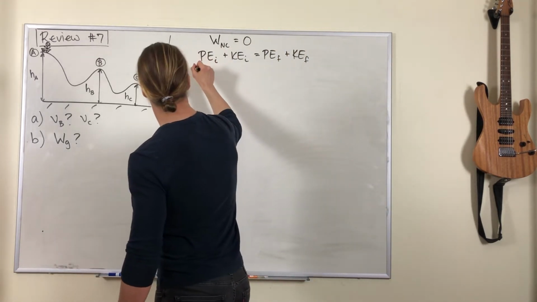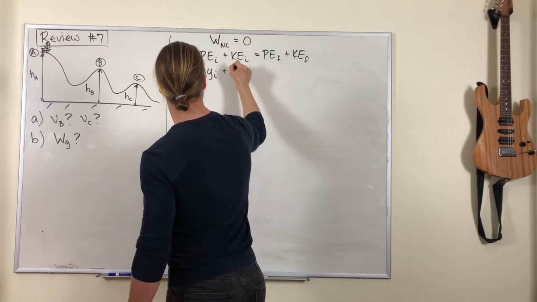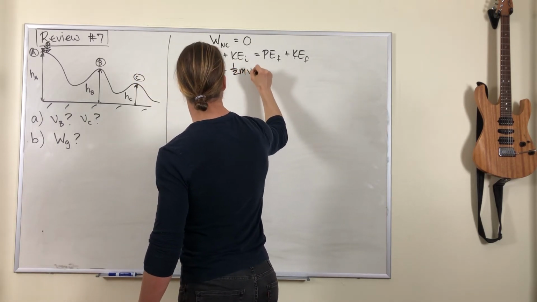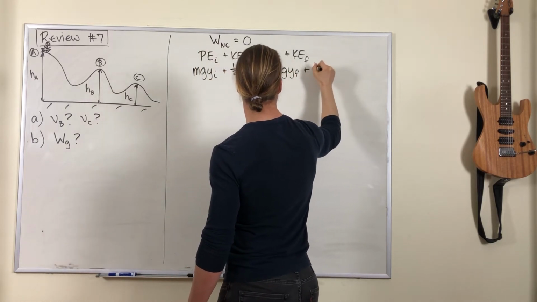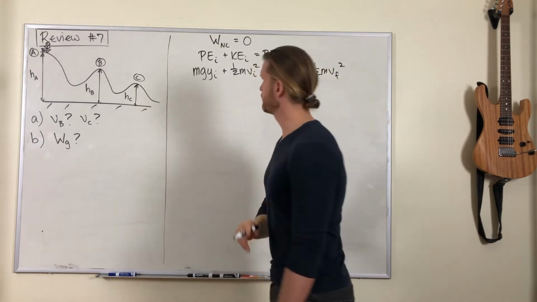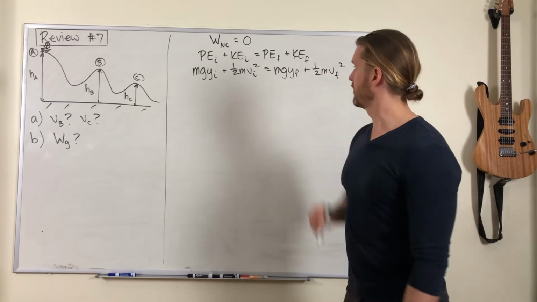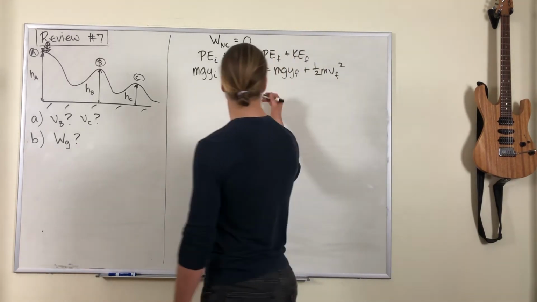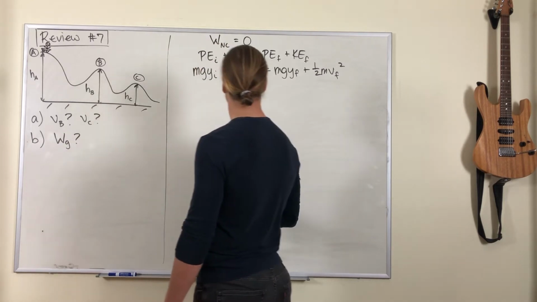So let's just fill this in. mgy initial plus 1/2 mv initial squared equals mgy final plus 1/2 mv final squared. The mass is irrelevant. It crosses out of all of these things. So we can solve this equation.